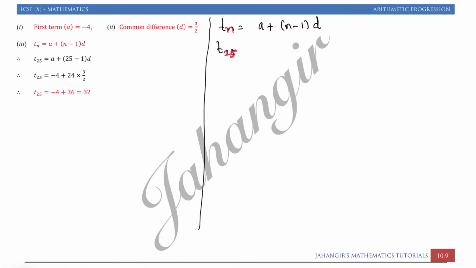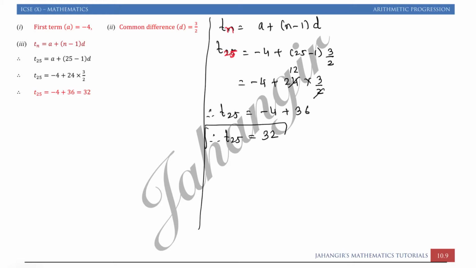The first term is minus 4 plus 25 minus 1 into D, which is 3 by 2. So we can write it as minus 4 plus 24 multiplied by 3 by 2. So therefore T25 is equal to minus 4, 2 ones are 2, 12 twos are 24, so 12 into 3 is plus 36. So therefore T25 is equal to 36 minus 4, which is 32.